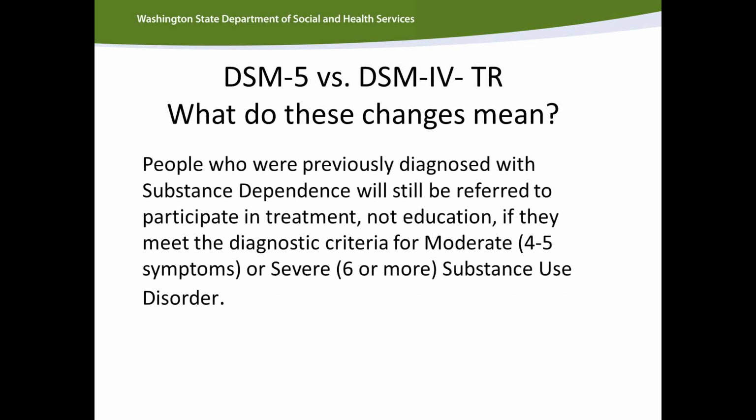There really is not much change in the treatment recommendations that would be expected for moderate to severe substance use disorder, so you probably won't see as much of an effect here, but hopefully it would result in better placement in those treatment levels of care in the ASAM criteria, which would be levels 1, 2, or 3. The idea is that better diagnosis would result in more appropriate, more effective placement in the proper level of care.